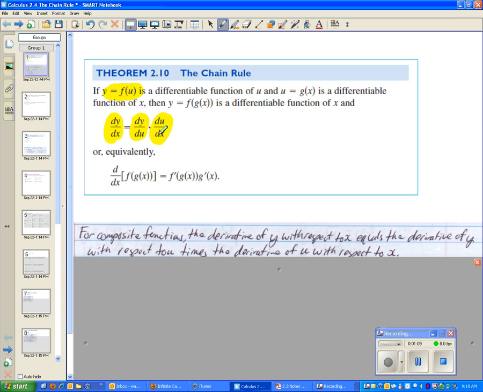That means the derivative of u with respect to x. So it ends up being a product. The derivative of this composite function ends up being the derivative of the function that has a variable of u times the derivative of the function that has a variable of x.